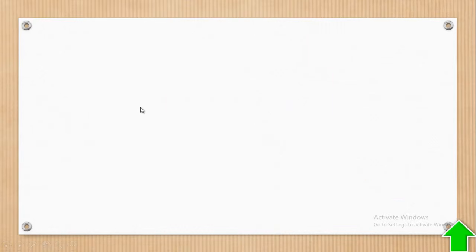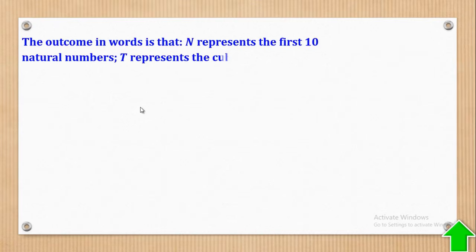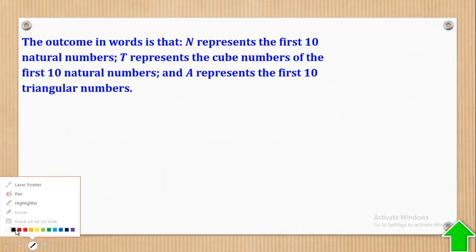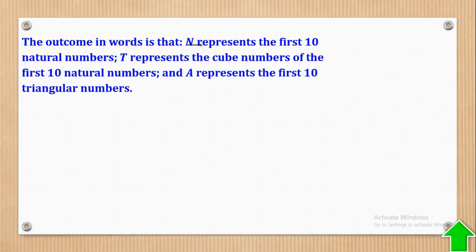So the outcome, they want you to find out what N is, what T is, and what A is. So you are coming and say that N represents the first 10 natural numbers, then T represents the cubes of the first 10 natural numbers, and A represents the first 10 triangular numbers.